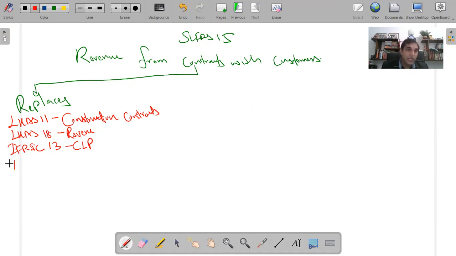Next one, IFRIC 15, that is agreements for the construction of real estate. Next one, IFRIC 18. The title of this IFRIC 18 was Transfers of Assets from Customers.